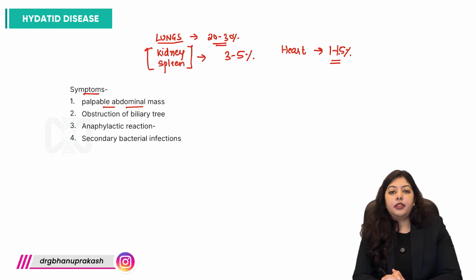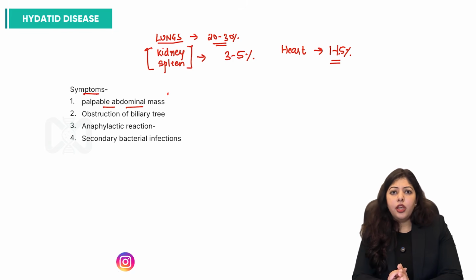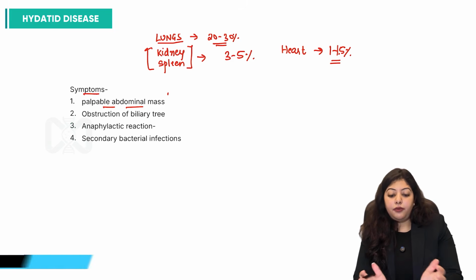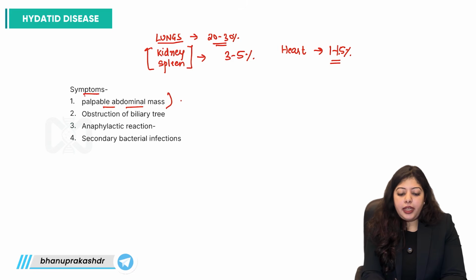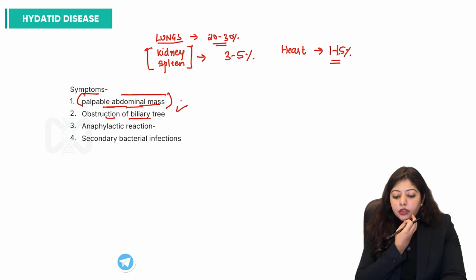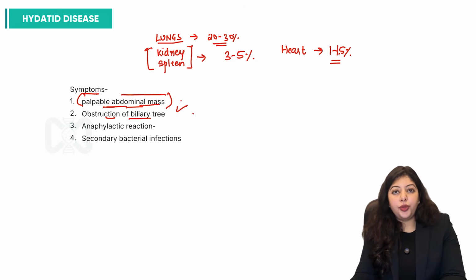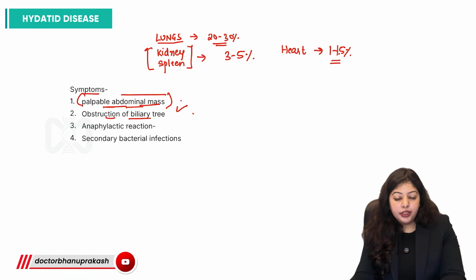Firstly, we know that the cystic structure might get enlarged to a very big structure. So naturally, if it is going to be big, we might be able to palpate it, right? So there can be a palpable abdominal mass. Secondly, because of its ever-growing nature, at one point it can obstruct the biliary tree, right?